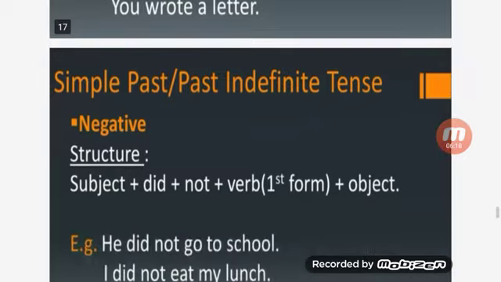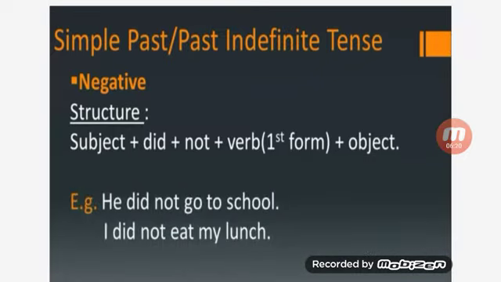Now next is negative sentences structure of simple past tense. Subject plus did not plus verb first form plus object. Children, you always remember that in affirmative sentences we use second form in past tense, but in negative sentences we use first form with did not.